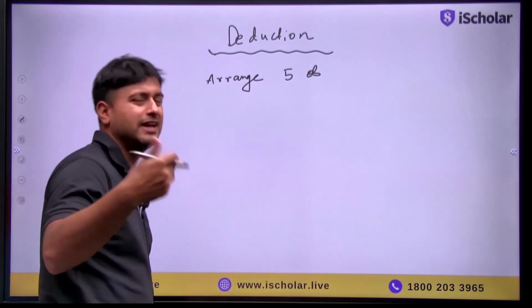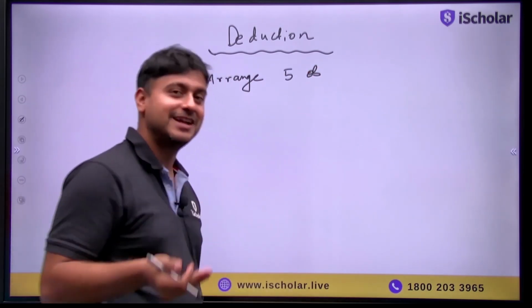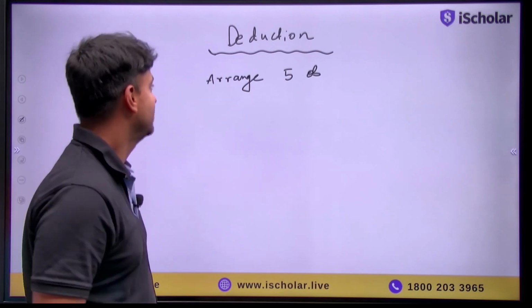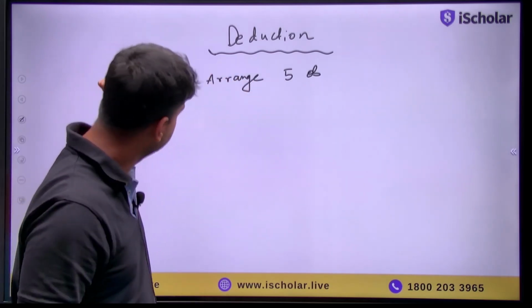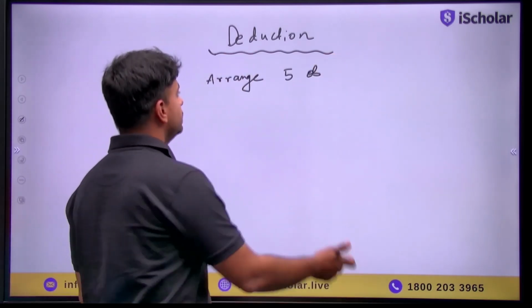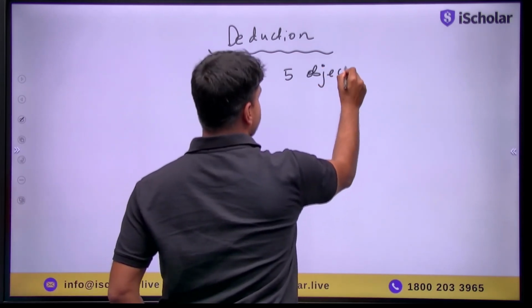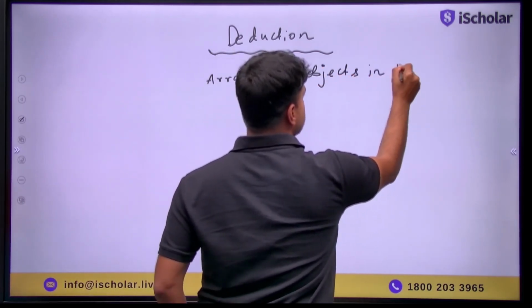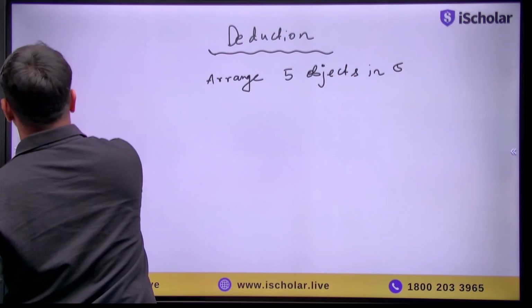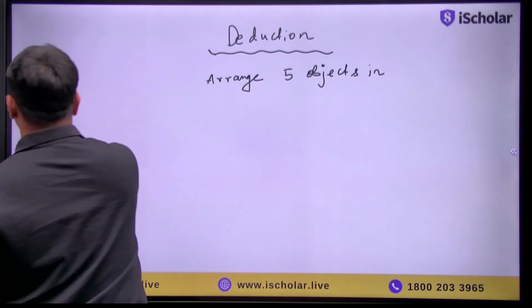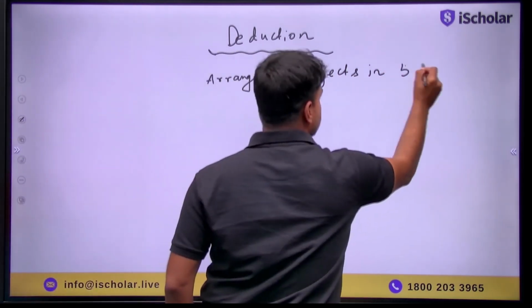Why have I taken 5? I can take n also, but for your easier understanding of the framing, I have just used 5. So if I have to arrange 5 objects in 5 places, how many ways can we do it?